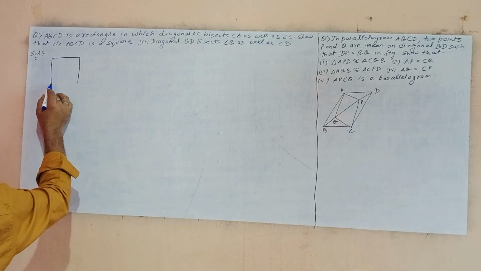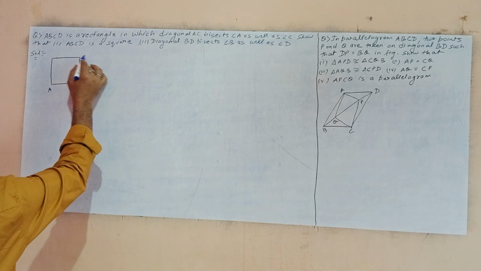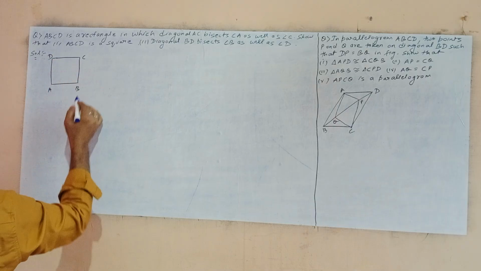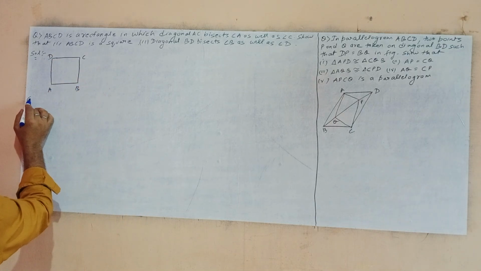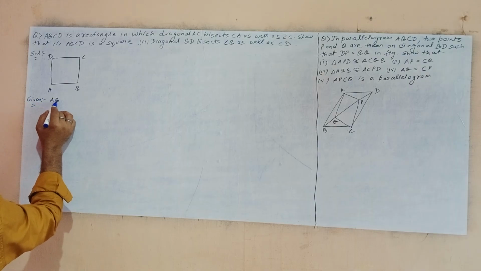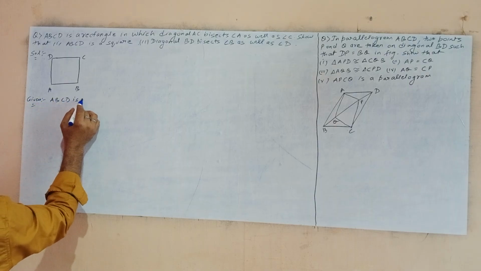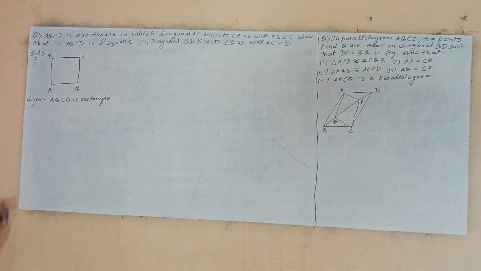Make a square A, B, C, D. And here you will write Given: ABCD is a rectangle.